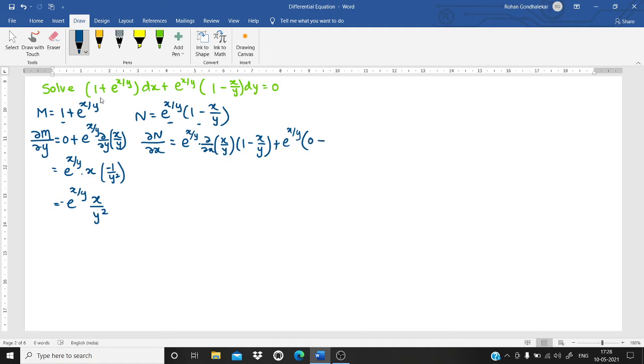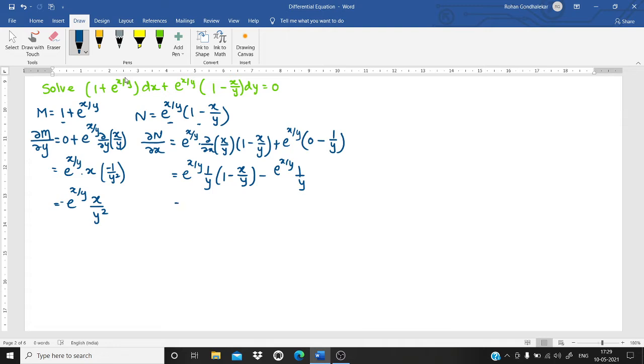The derivative of 1 is 0, minus the derivative of x/y with respect to x, which is 1/y. So we get minus e^(x/y) into 1/y.